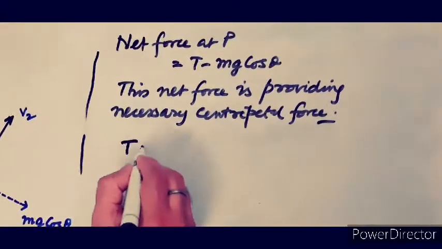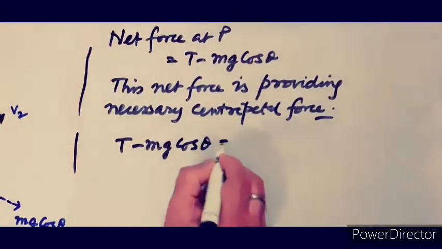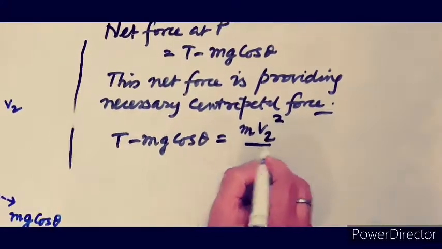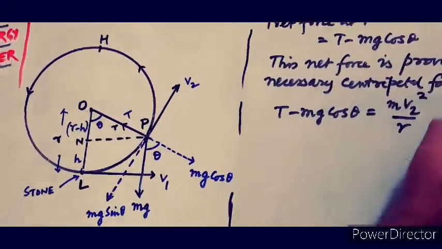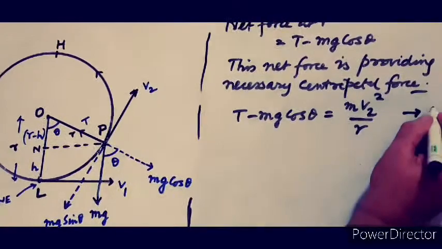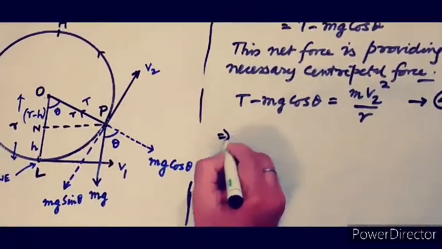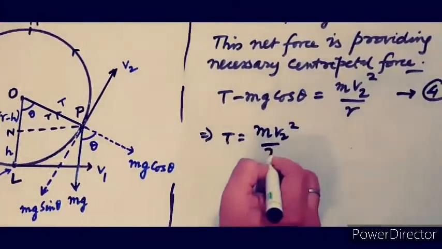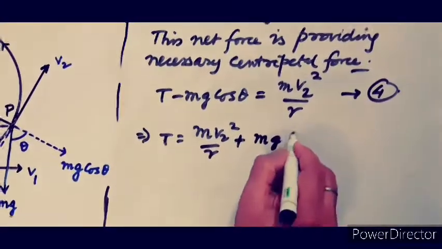So ultimately T minus mg cos theta, that is the net force, is providing the necessary centripetal force m v2 square by r. The speed at this point is v2, so m v2 square by r. This is the equation number 4. Or T is equal to m v2 square by r plus mg cos theta.